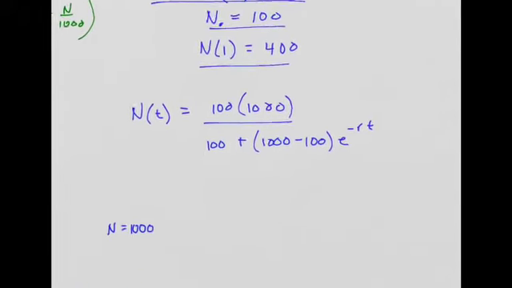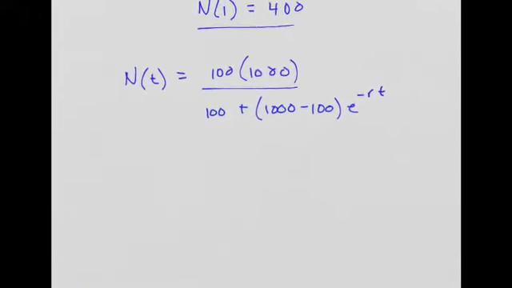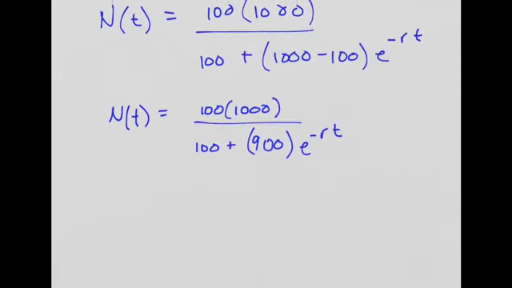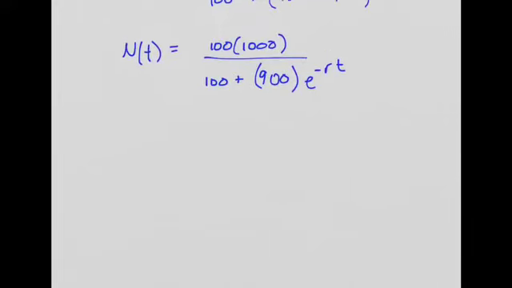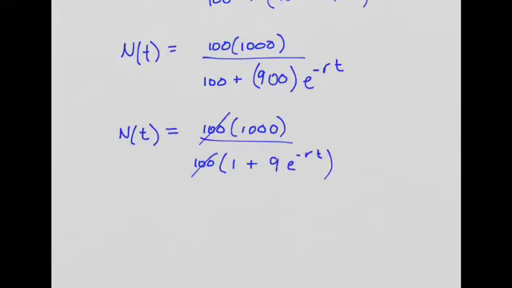So I have this, I'll simplify. I'll factor out 100 from the bottom and then cancel it out. And that goes away. And then I have a more simple equation, just this part.